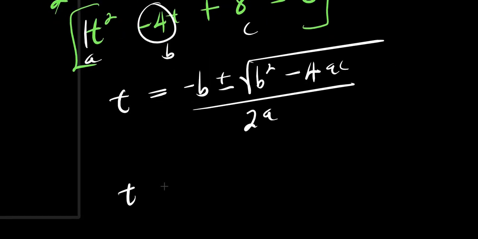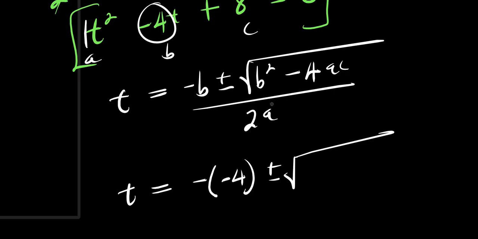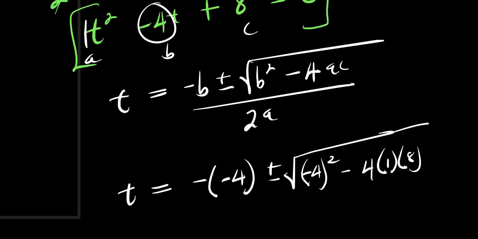We are going to have t equals negative b, negative times negative 4, plus or minus square root of b squared, negative 4 to the power of 2, minus 4 times a, that is 1, times c, that is 8. This is divided by 2 times a, that is 2 times 1.